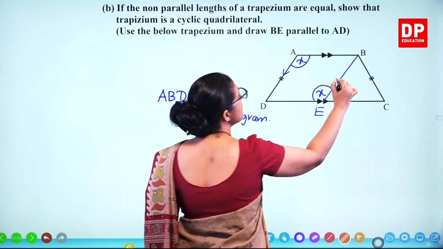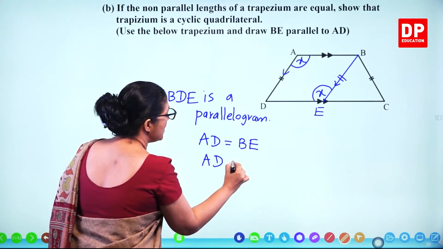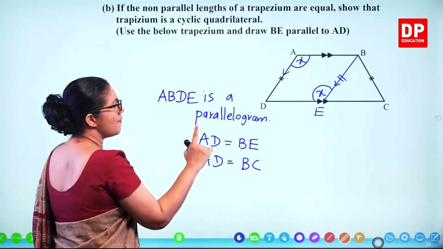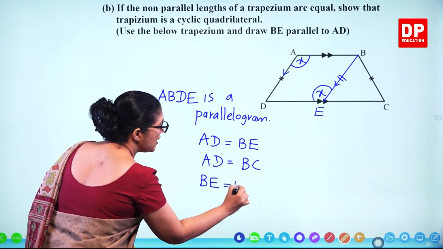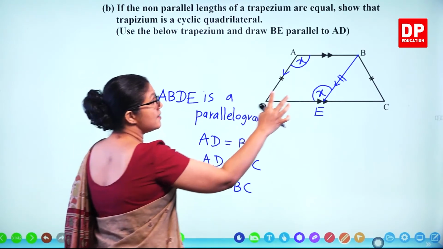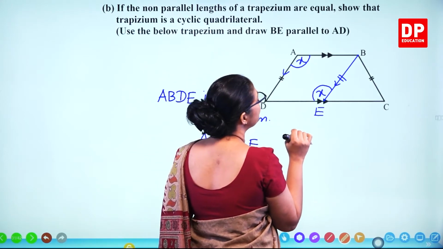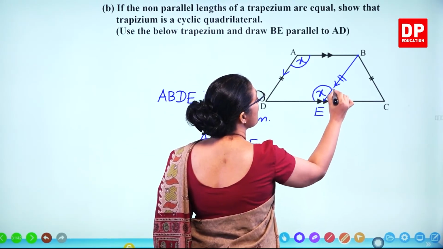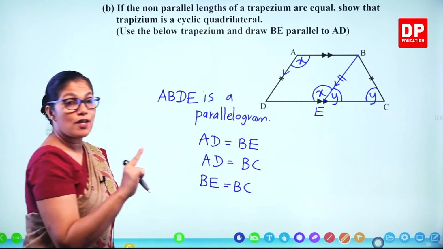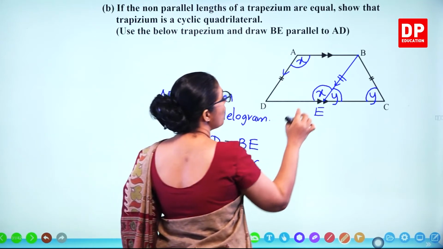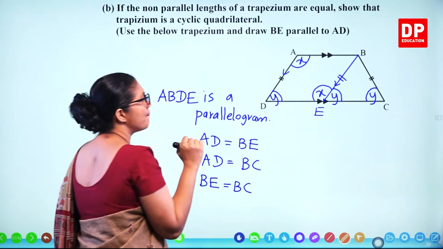And also we know AD equals BC. It's given. So what can you say? BE is equal to BC. So that's an isosceles triangle. So if this is Y, this is also Y, because it's an isosceles triangle and these 2 lines are parallel. This is Y, this is also Y.